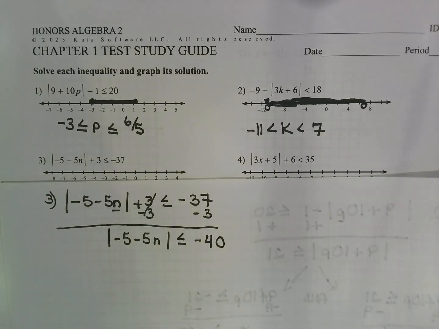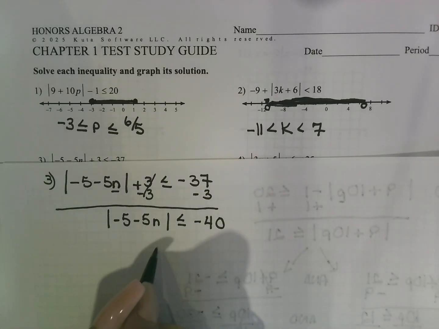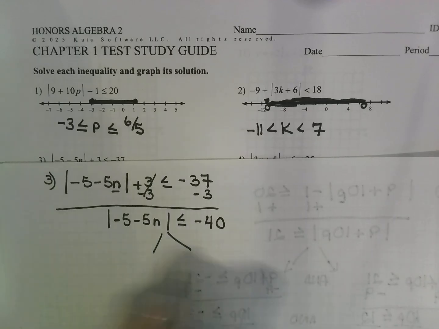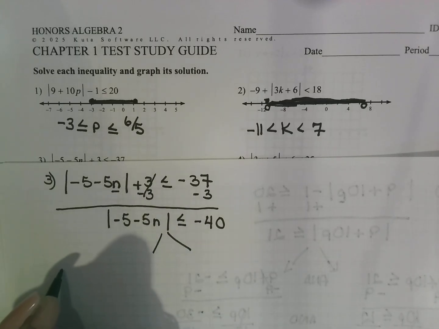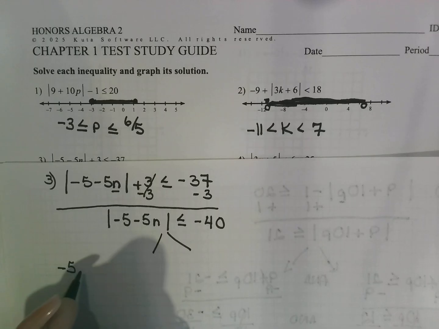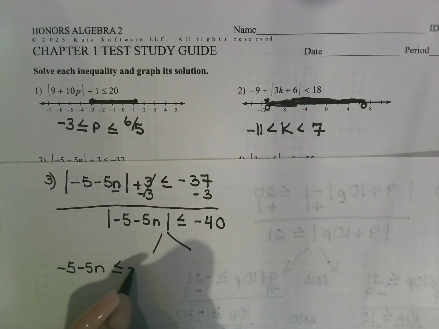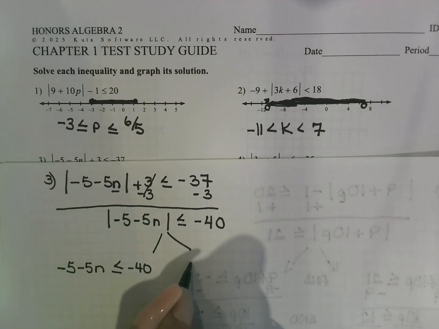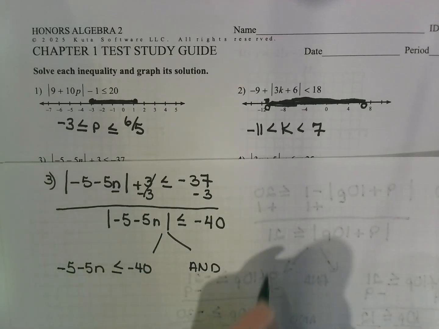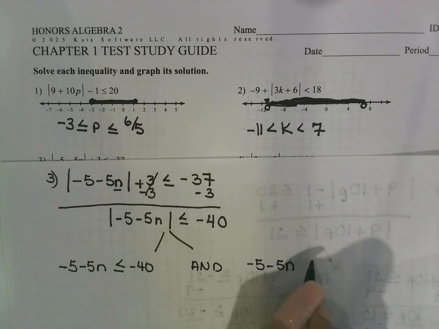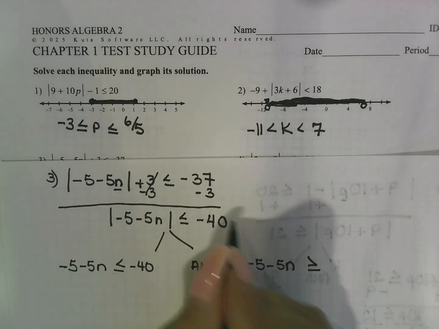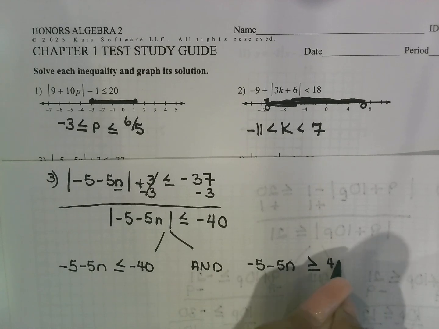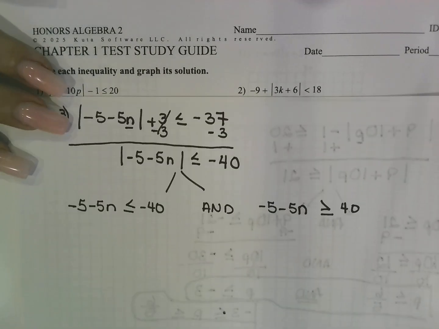Okay? We're going to go ahead and break this apart then into the 2 compound inequalities, separated into negative 5 minus 5n less than or equal to negative 40. Again, this is an AND. Negative 5 minus 5n. Flip your sign and take the opposite of negative 40, which is positive 40.